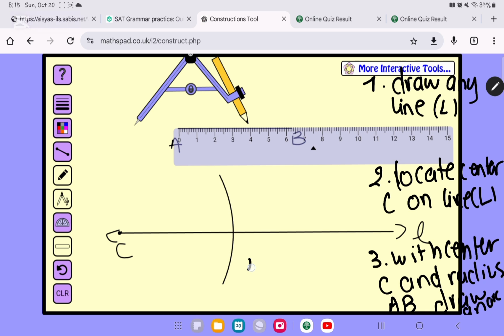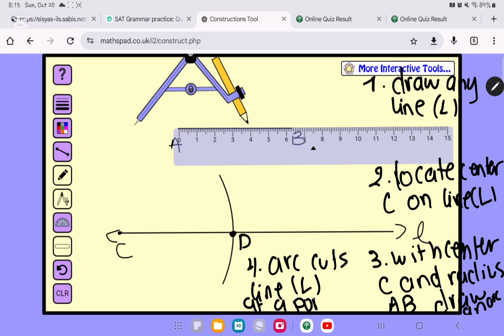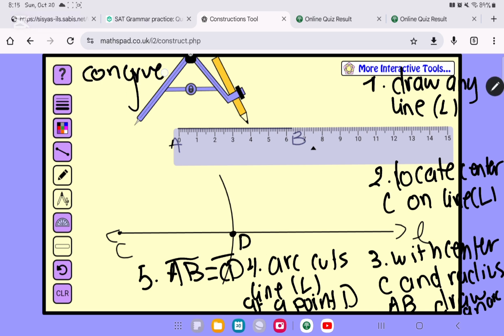Okay, and then fourth step, let's call this point over here, for example, the arc cuts line L at a point D. And then finally, AB is equal to CD. This is the first thing, which is to draw congruent segments. The very first thing.